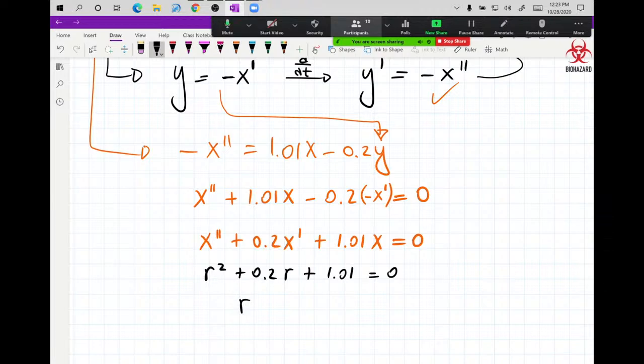So you will have r to be 0.1 plus minus i, so that good old a is 0.1 and b is 1.